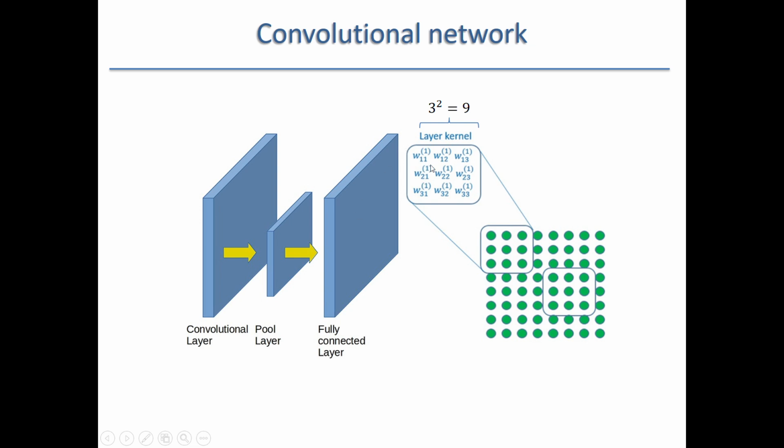So now you don't need 10 to the 9, not 10 to the 9, 10 to the 5 weights, but you need just 9, that is in the order of 10. So you have reduced the number of coefficients that you have to compute by 4 orders of magnitude. So you have 10,000 times fewer coefficients to determine.